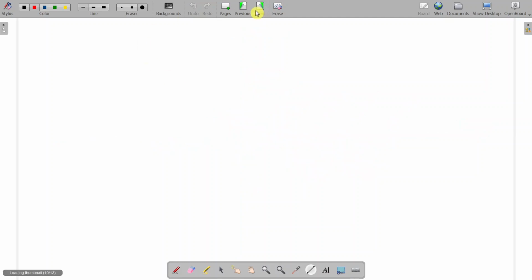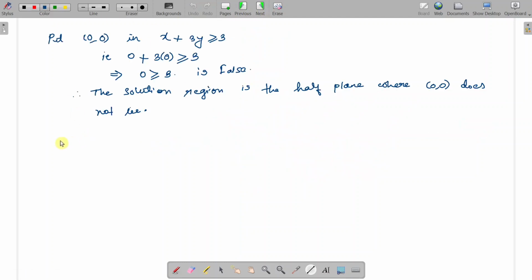And if we put 0, 0 in the second inequality, x plus y greater than or equal to 2, that is 0 plus 0 greater than or equal to 2. So 0 is greater than or equal to 2 is false, right?